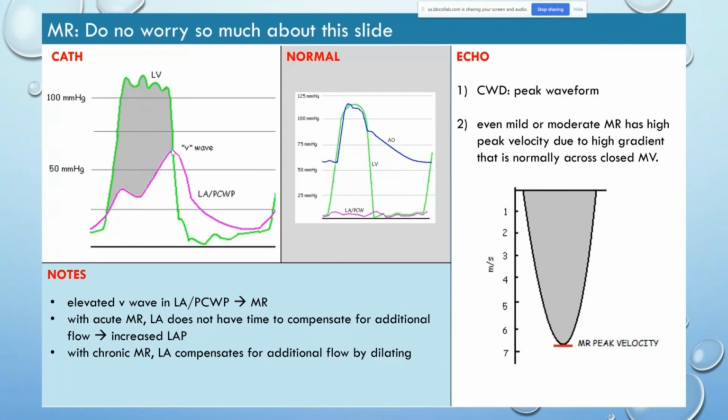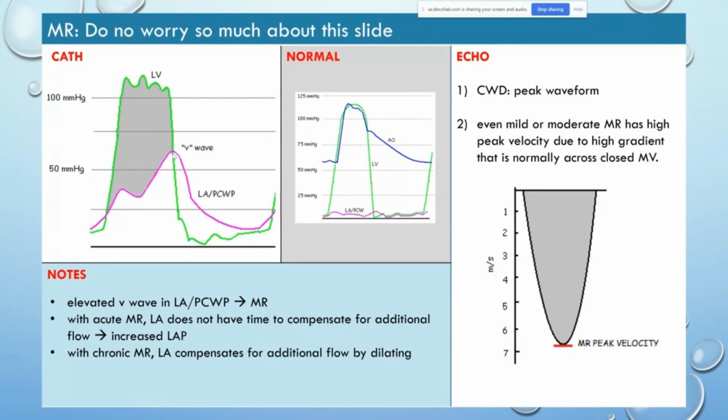The V wave in the left atrial pressure, or the pulmonary capillary wedge pressure, represents left atrial filling when the mitral valve is closed. So this V wave represents how the atrium fills with blood while the mitral valve is closed. If the person has severe mitral regurgitation, the V wave is going to be very accented, so it's going to be significantly higher.